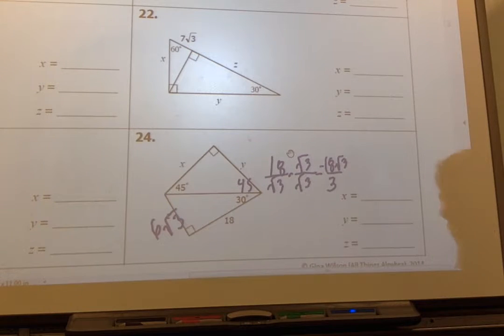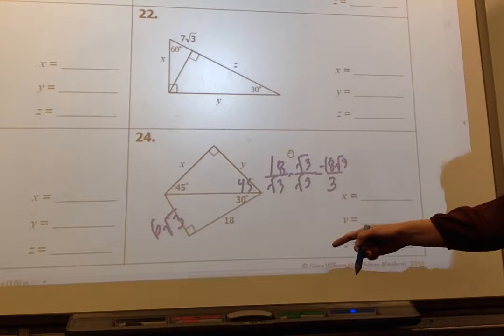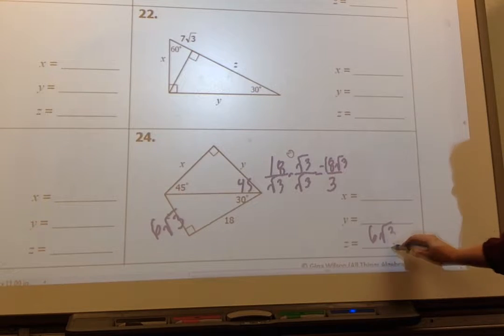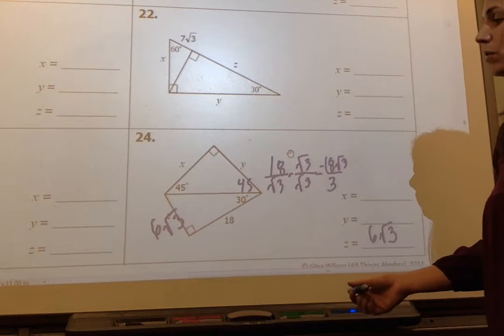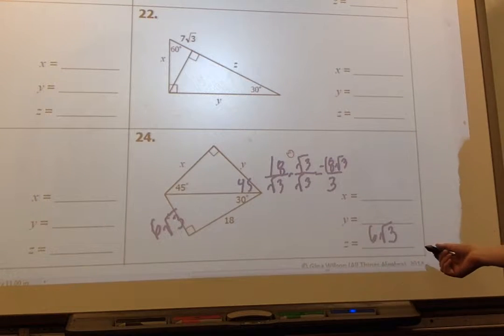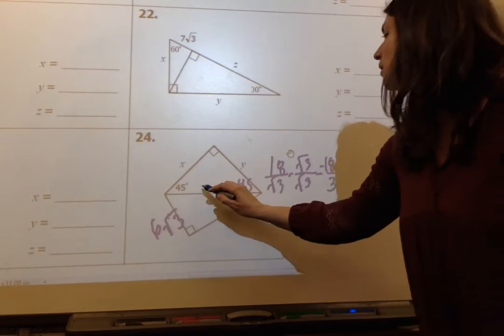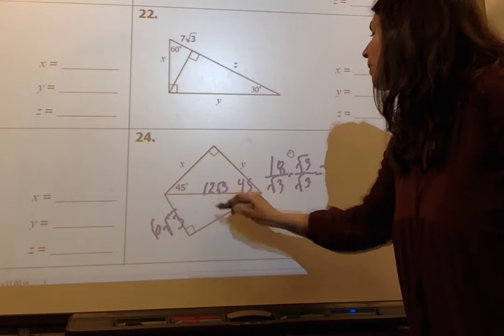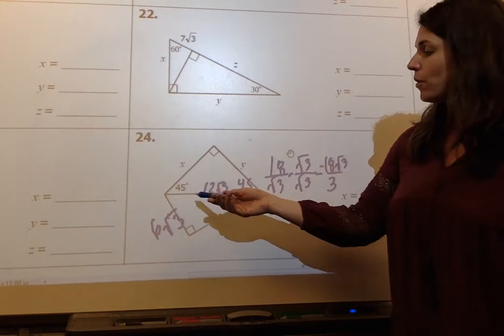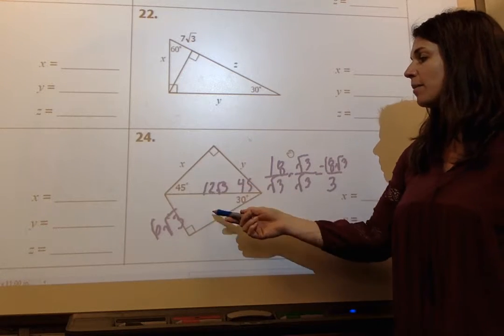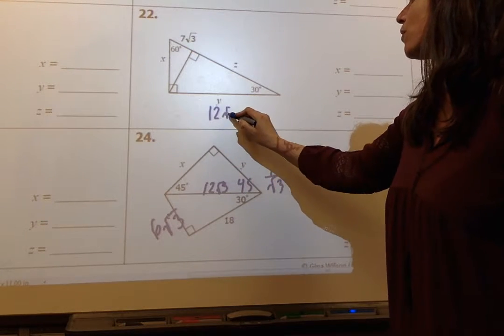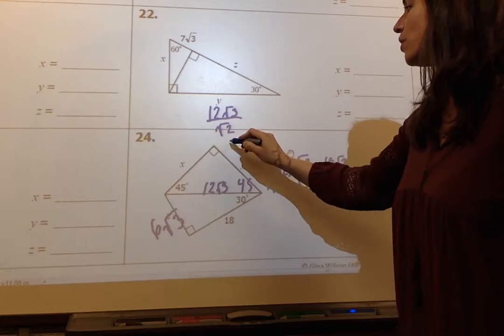So 6 square root of 3. And then my hypotenuse is double that value, so it's going to be 12 square root of 3. Now to get from my hypotenuse to my short side of my 45-45-90, I take my hypotenuse, which is 12 square root of 3, and I divide it by square root of 2.